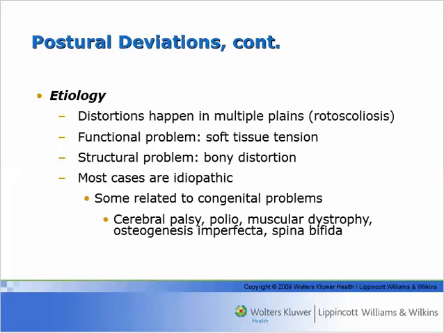The problem is that the shape of the bones really maintain these curves. So if the vertebrae are wedge shaped, or the bodies of the vertebrae are higher on the left than on the right, you're going to have this kind of curve, and that could be from congenital factors. It could be from accidents. It could be secondary to other diseases.